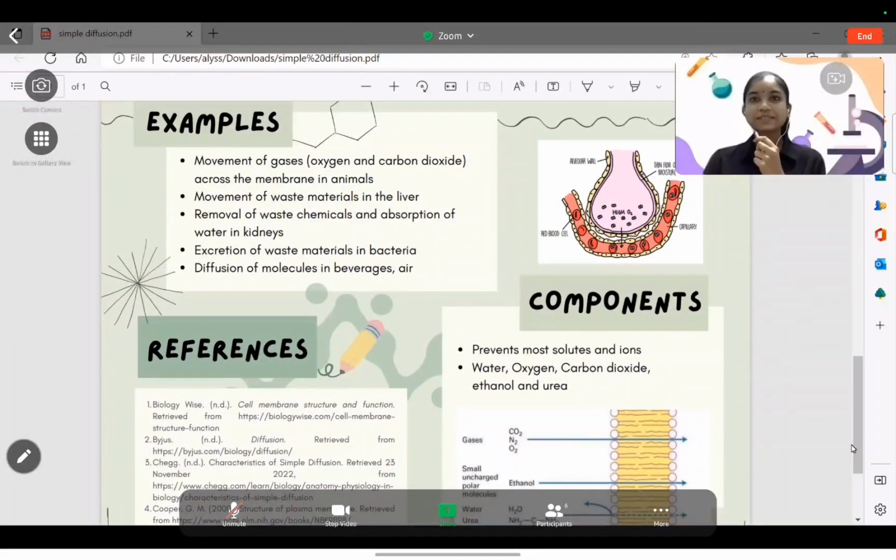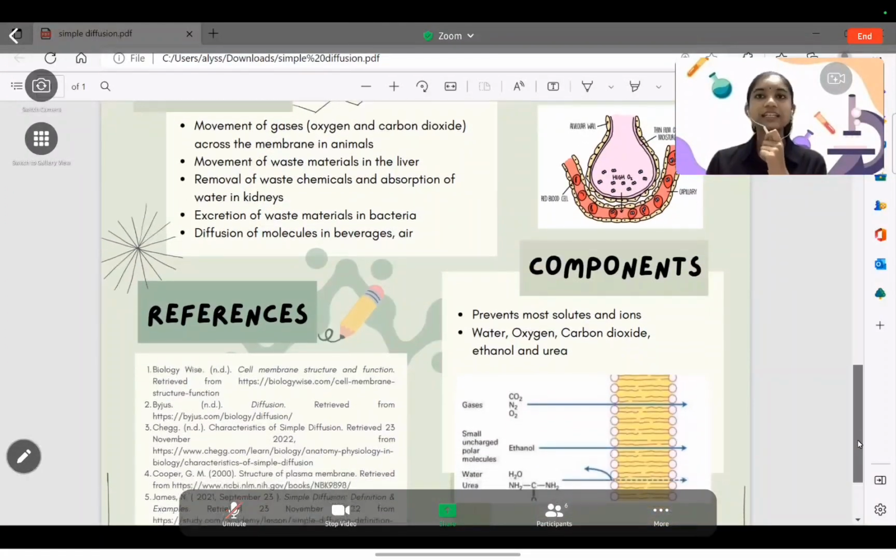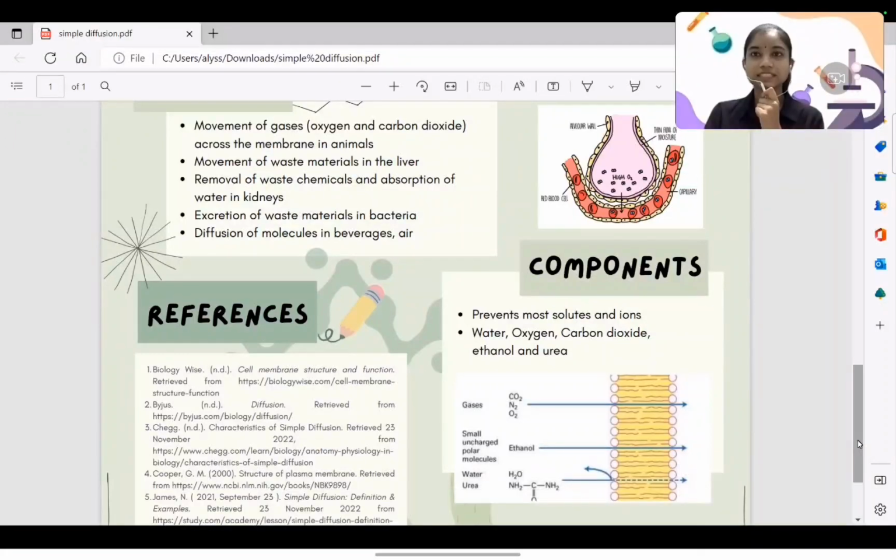Now I would like to explain about the examples of simple diffusion. Firstly, the example of simple diffusion is in the movement of gases across the membrane in animals. Oxygen and carbon dioxide gas are dissolved in the blood. They are exchanged by the process of simple diffusion. In the alveoli, the concentration of oxygen is higher compared to the blood vessels during inhalation. Thus, the movement of oxygen occurs from alveoli to the blood by simple diffusion.